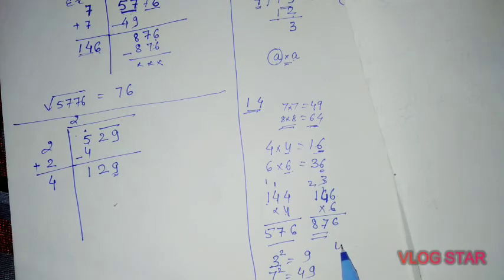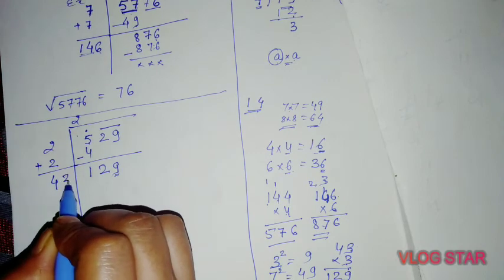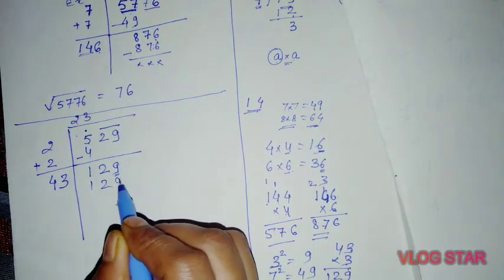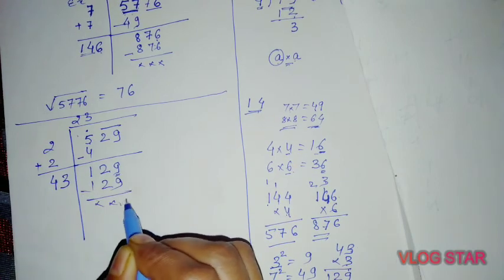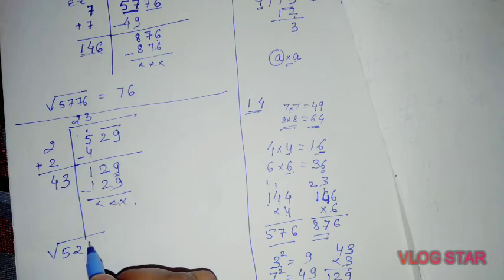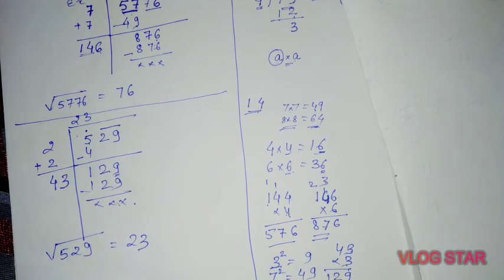Now let us see. 43 into 3. 3 3s are 9, 3 4s are 12. 129 we have got. So we will write here 3, here 3, and 129, so that the square root of 529 is equal to 23.